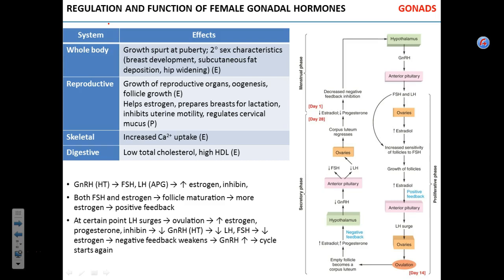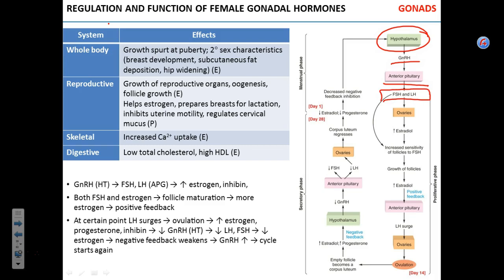It's really too much to eat right now. I still want you to know that the very beginning in females is the same. So you start with hypothalamus that produces gonadotropin releasing hormone, which acts on the pituitary, which produces gonadotropins.